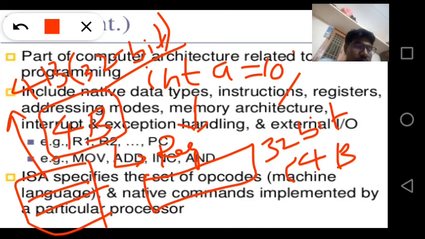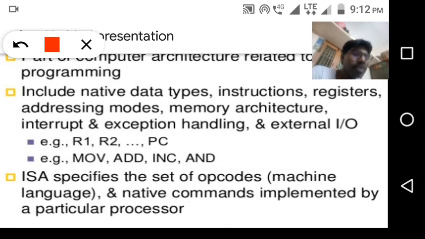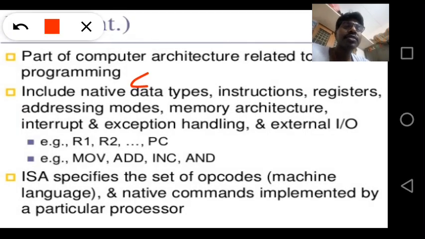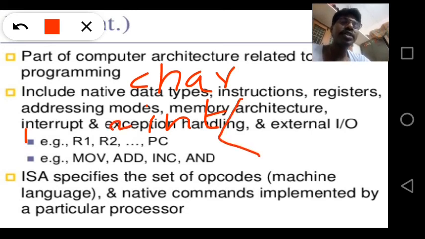So the examples of native data types are character, which is called char, and integer, int. When I say integer, it is by default unsigned integer.